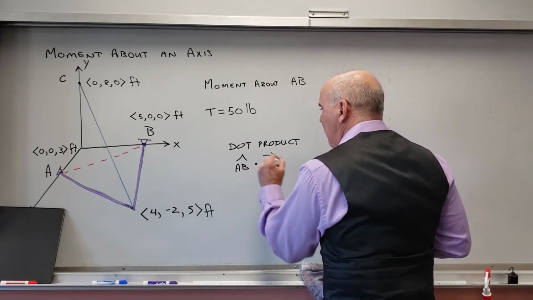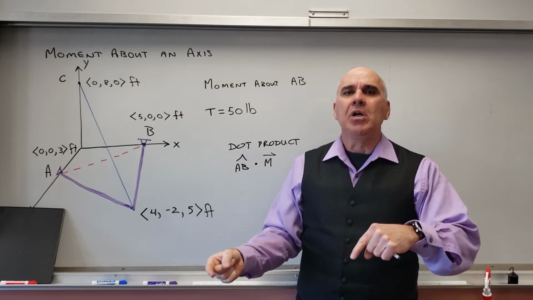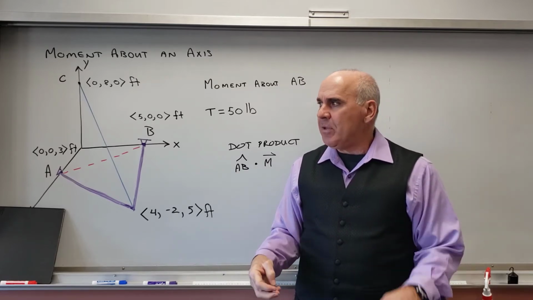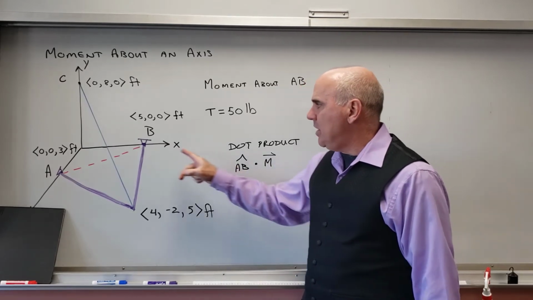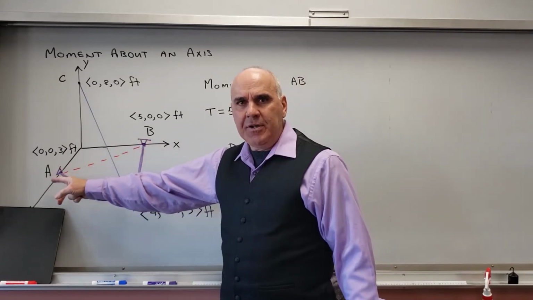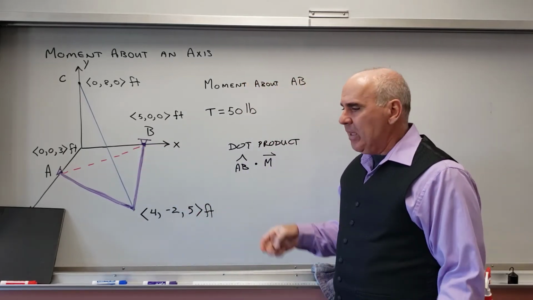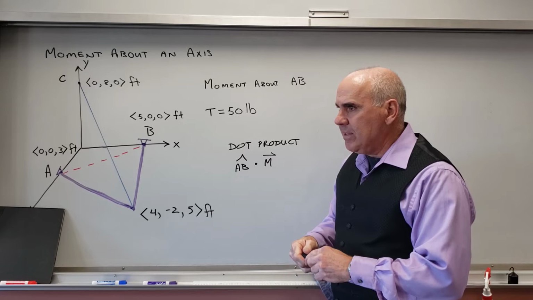I need a dot product because that gives me the component of one vector along another vector. So I need to know the unit vector along the axis and then the moment.